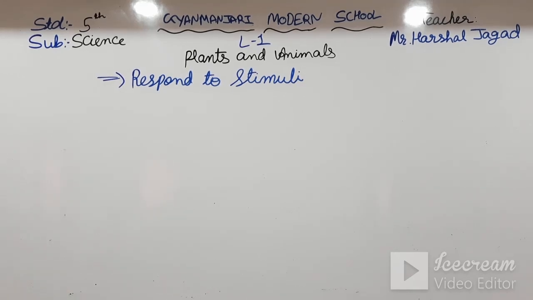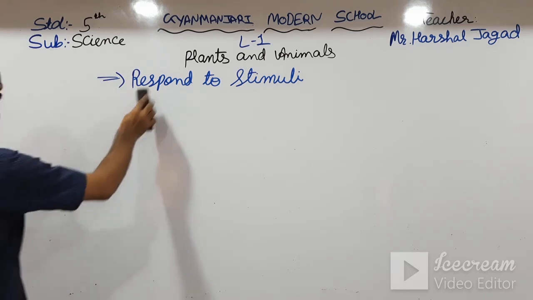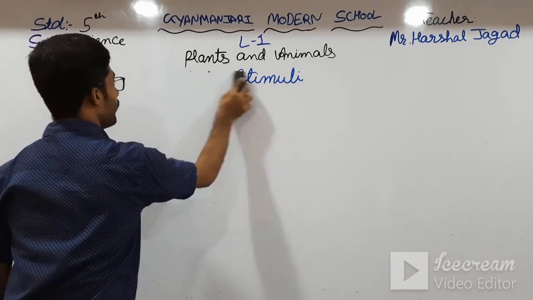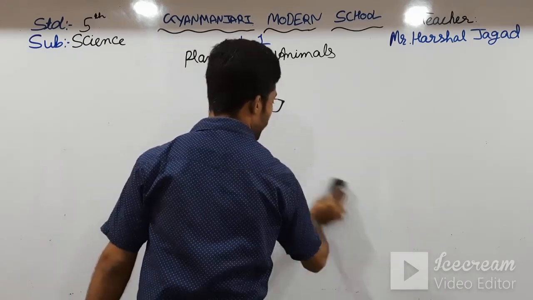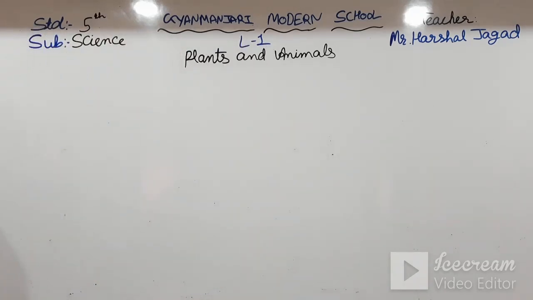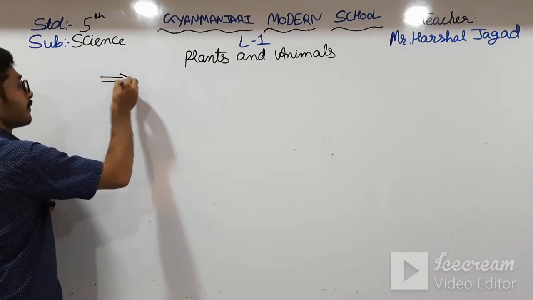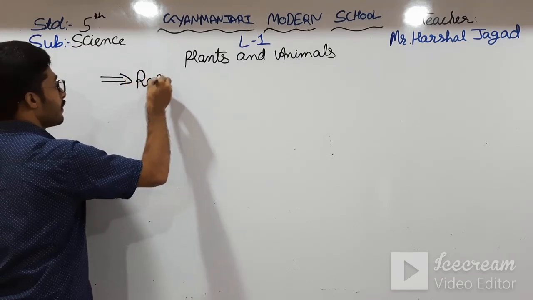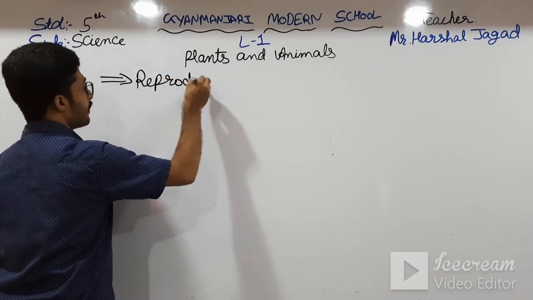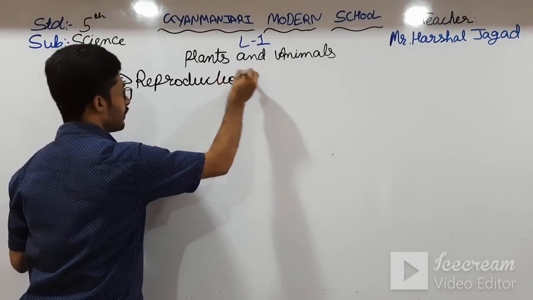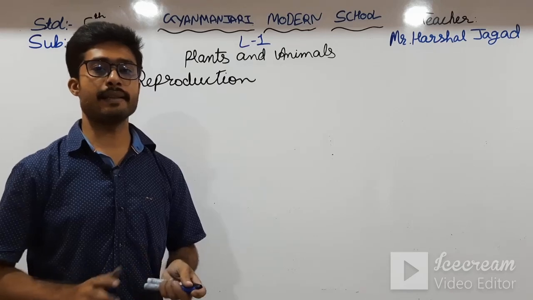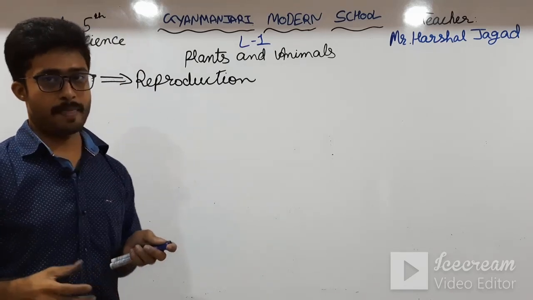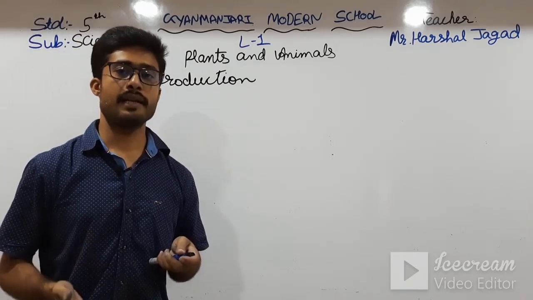And now students, we will see about reproduction, how reproduction occurs in plants and animals. As we saw at first in animals, how does reproduction occur?